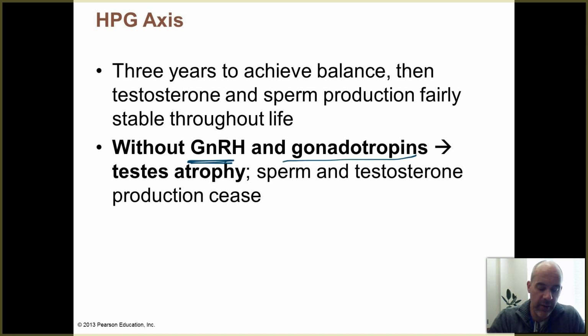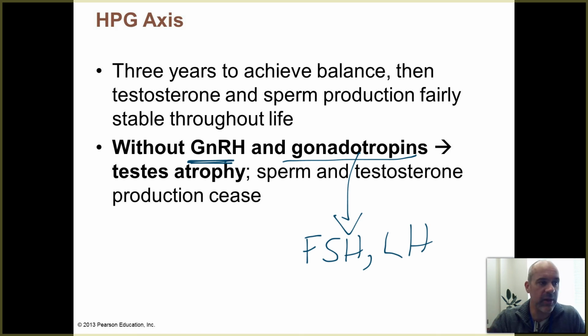and you don't have the gonadotropins. If you guys remember, tropic hormones or tropins are ones that act on other endocrine glands. So FSH and LH, their targets are the testes, which are endocrine glands, so they're called gonadotropins. If you're not producing those for any reason, the testes will atrophy because you're not going to have spermatogenesis going on.